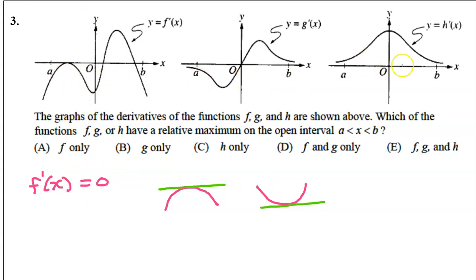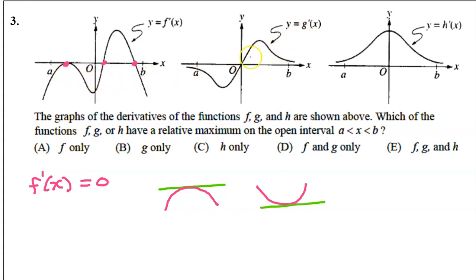Let's look for all of the places on these graphs where the derivative is equal to 0. So we're looking for where these graphs touch the x-axis. Since these are the derivatives, f prime is equal to 0 here, here, and here. So for this graph, these are the only possible candidates for the location of a relative maximum.